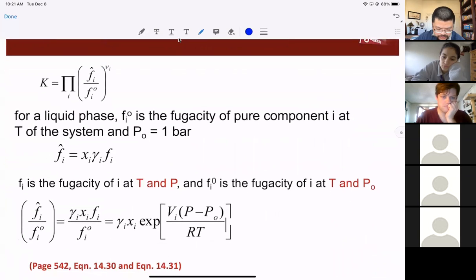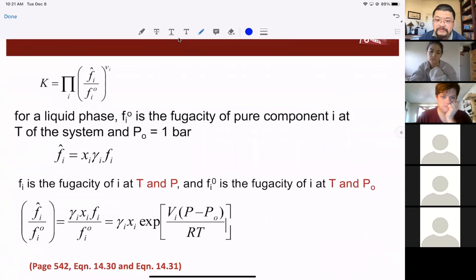So I hope this is still very clear to the class that again, this Fi naught is the fugacity of the pure component I at the temperature of the system. And the pressure is 1 bar according to the IUPAC standard state definition, right?